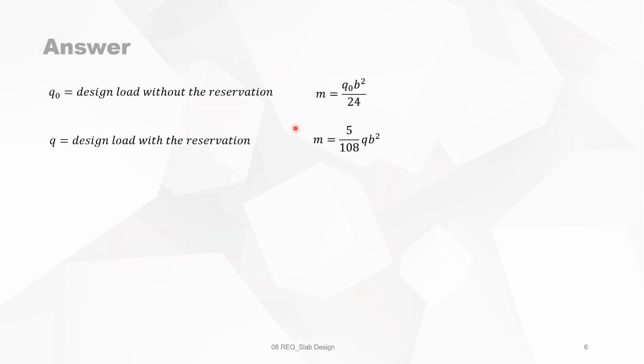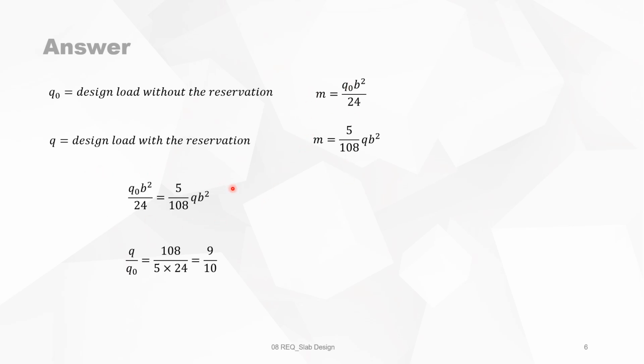Now we make a summary of it. We know Q0 is the design load without reservation. It's given by this formula, and Q is the design load with the reservation, defined by this formula. For the same reinforcement of the slab, we can say that the two plastic bending moments are equal. So this will be equal to that.